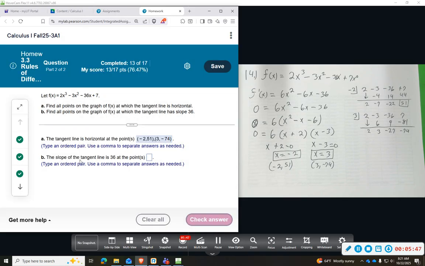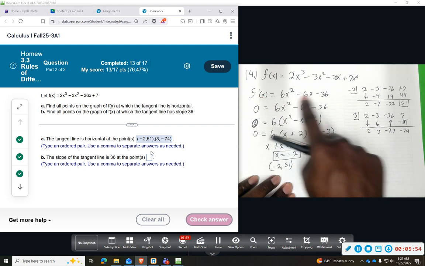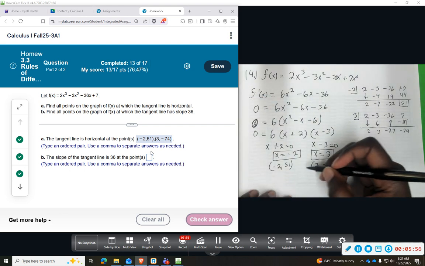And then for part B, the slope of the tangent line is 36, and we're going to find all those points. So we've already found the derivative. We're going to just set it equal to 36.